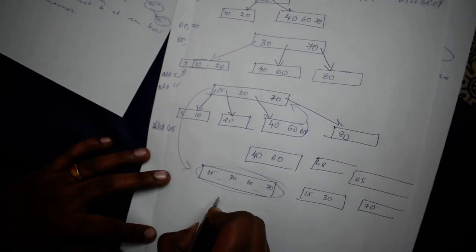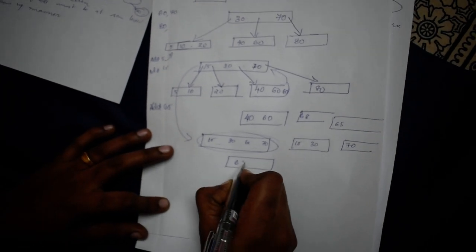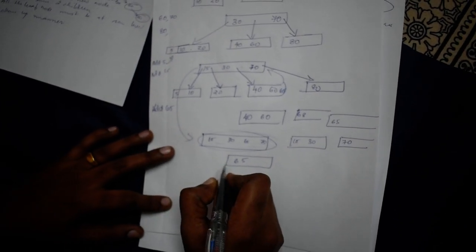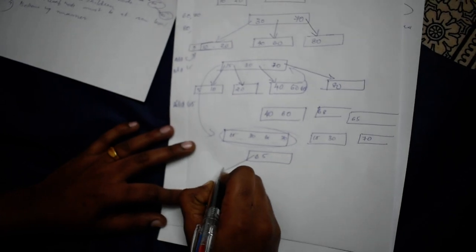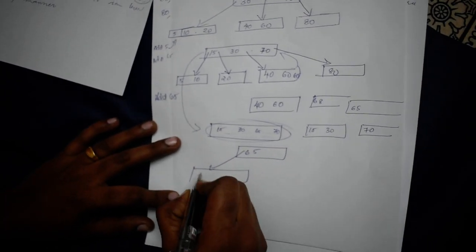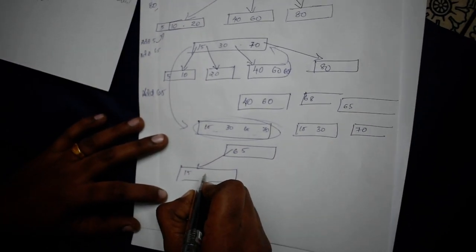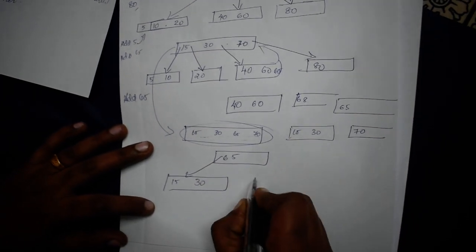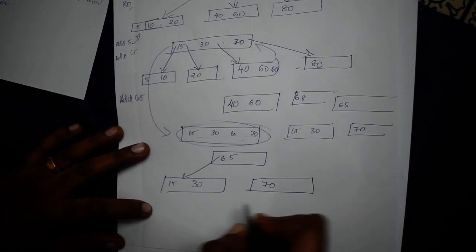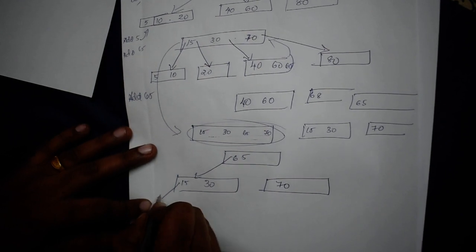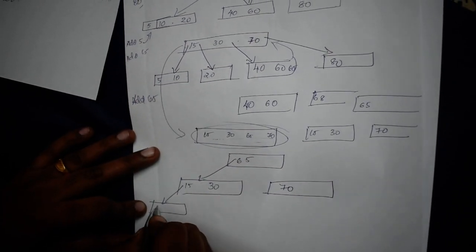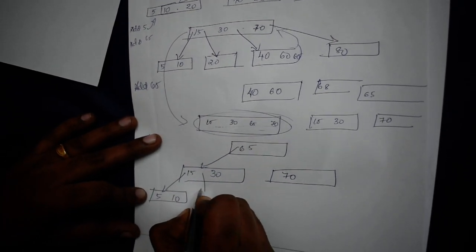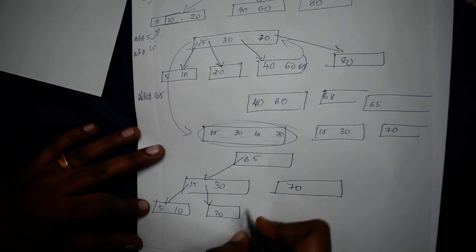It will have 65 here. For the lesser values, the nodes will be like this: 15, 30 as well as 70. From 15 it will have 5 as well as 10, and in between it will have 20.